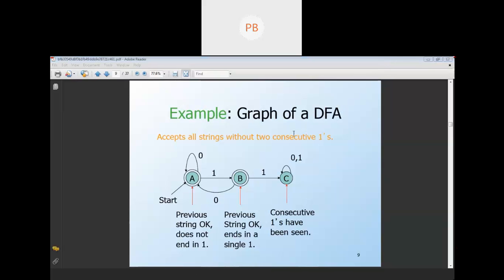Now write number one, transition diagram notations.